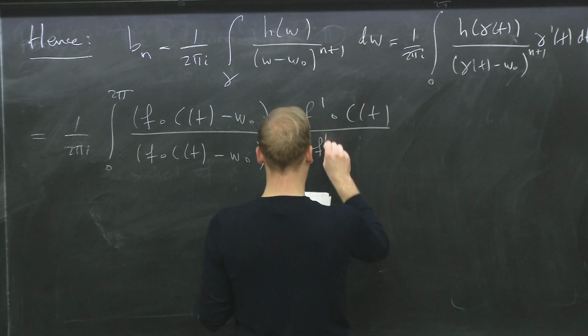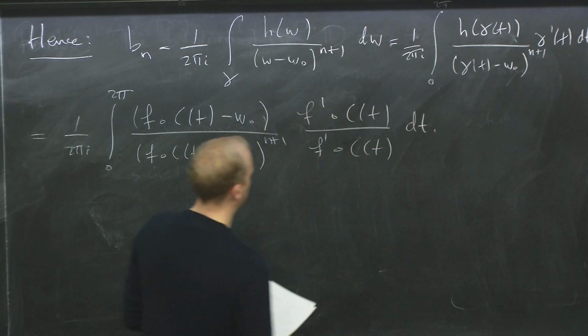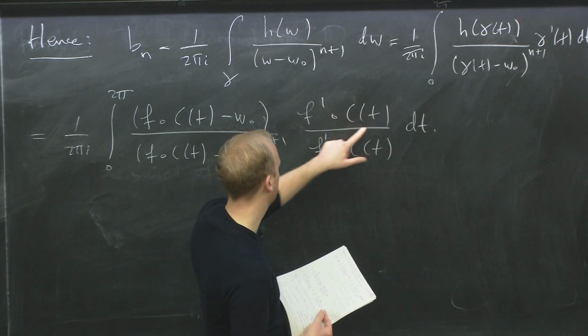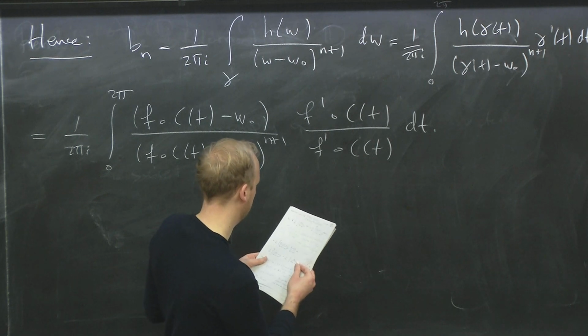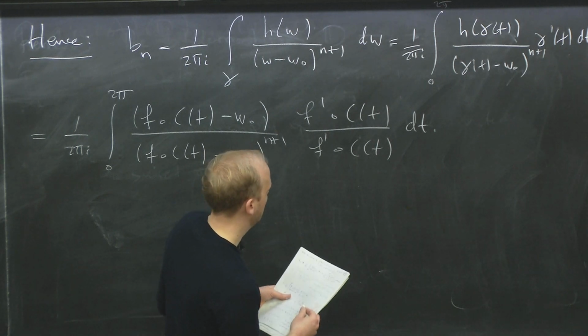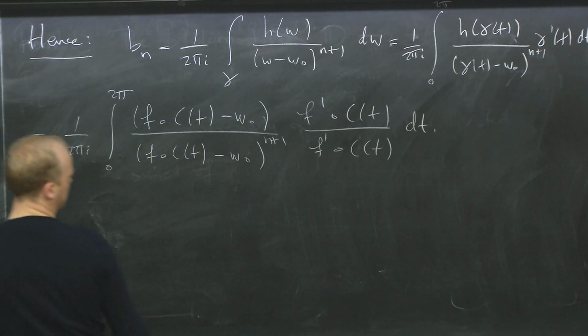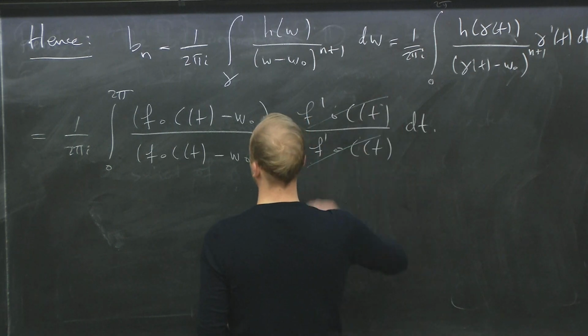And then you can see that it's equal to this. So f prime composed with c of t is just part of the gamma prime of t here. You can check this, it's not difficult. And now these two cancel out.